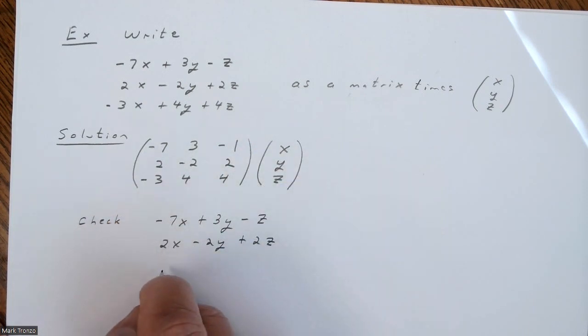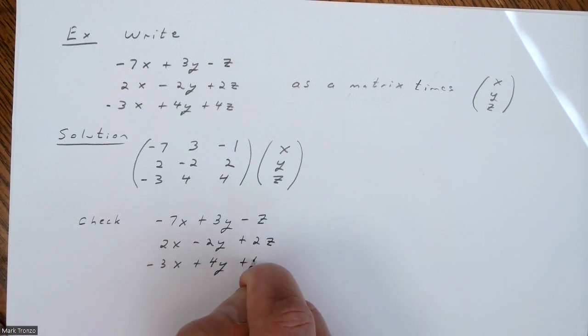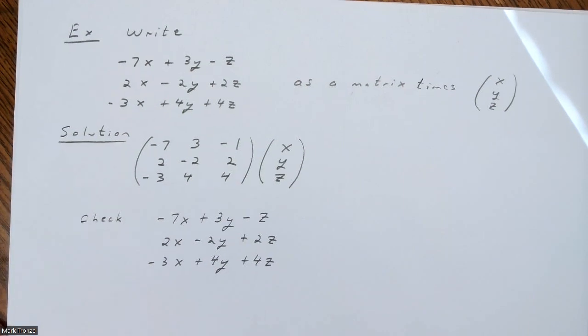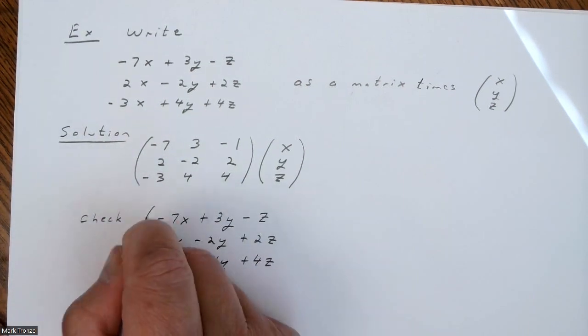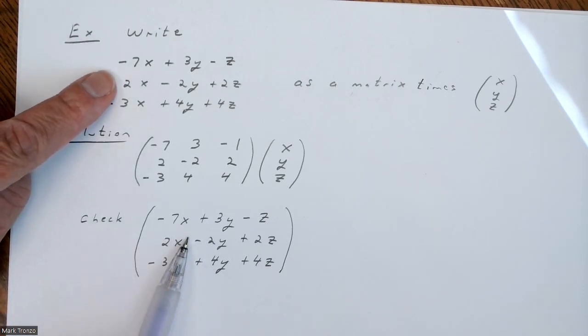This row by this column: minus 3x, 4y, 4z, like that. Now you could also write this in the matrix form, and that would be perfectly legit. But notice that we got back what we started with.